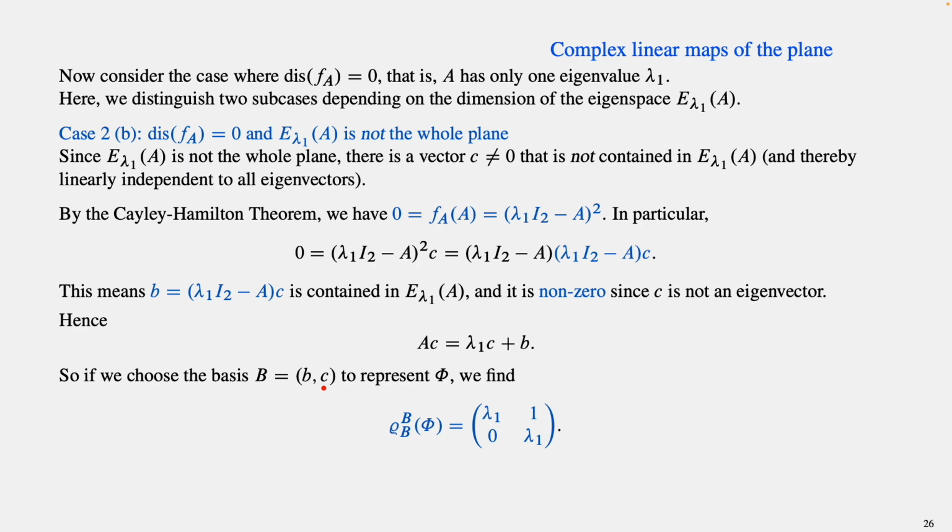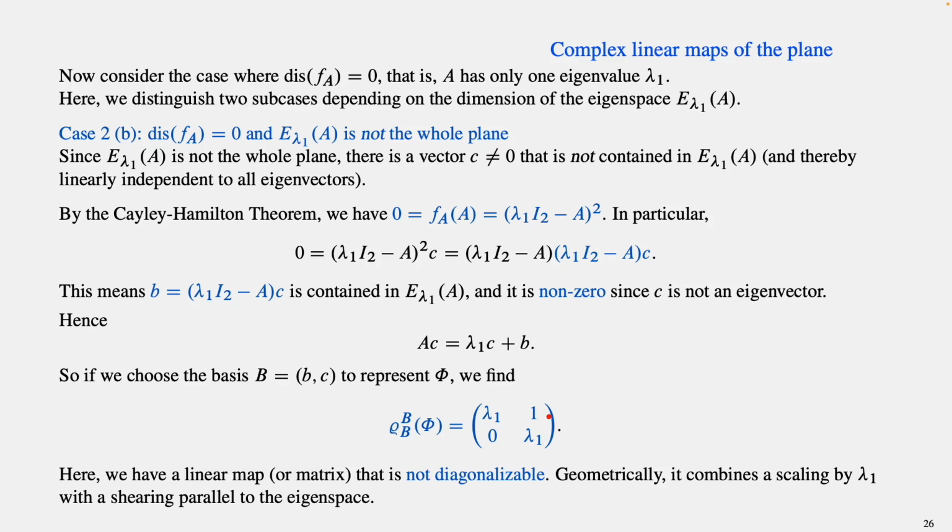And the vector C gets mapped to 1 times B, represented by the first coordinate, plus lambda 1 times C, represented by the second coordinate. So we get the column (1, lambda 1) as the second column for our representation of phi with respect to this basis. So again, we have a rather simple form, but it's not quite as simple as in the previous case, because we have this additional 1 up here.